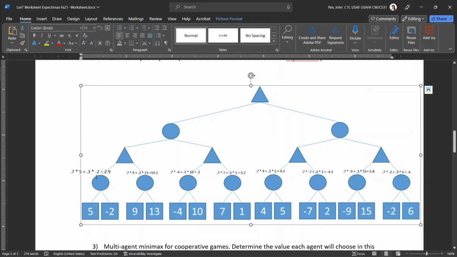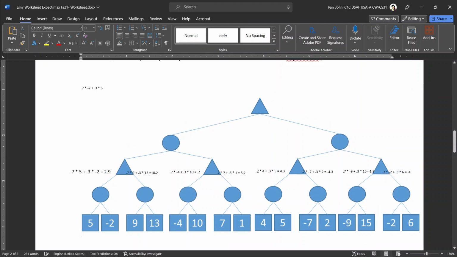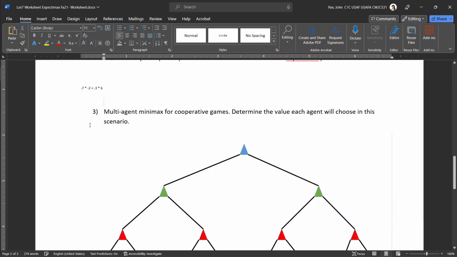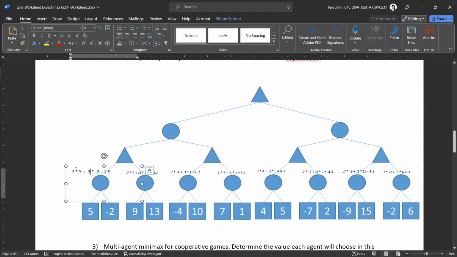So between 2.9 and 10.2, that is clearly the higher number between the two branches.